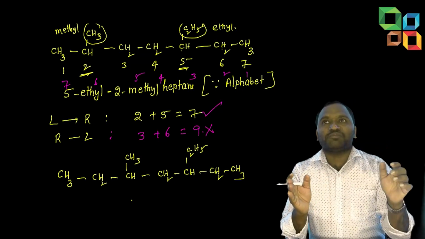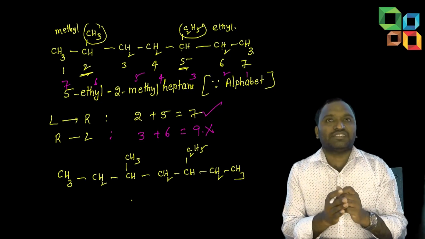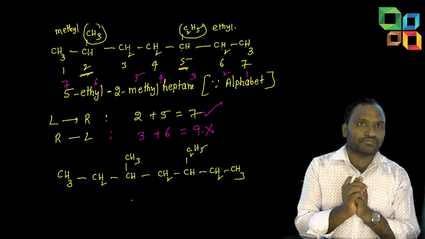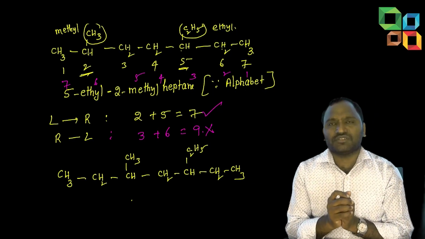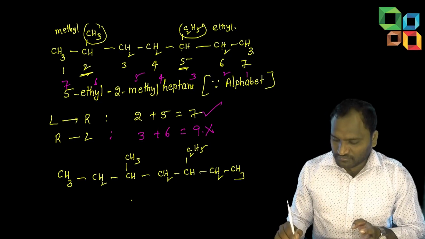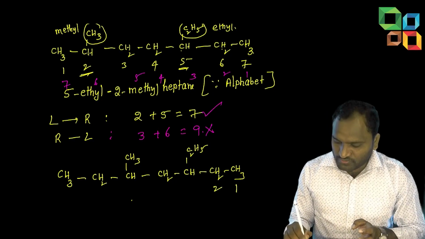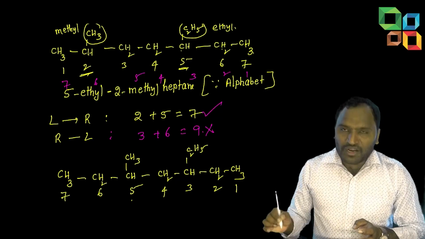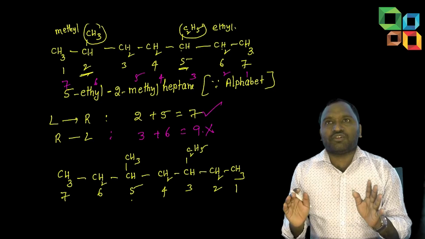Different substituents at the same positions means we follow alphabetical order. E comes first. 1, 2, 3, 4, 5, 6, 7. Tell me, students, the name of this compound. I gave the numbers.